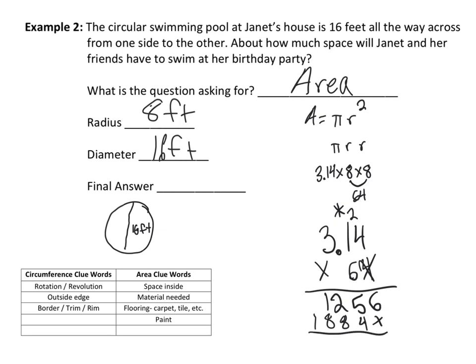We add up now. We get 6, 9, 10. Carry the 1. We get 10 again. Carry the 1. We get 2. Now there are 2 decimal places, so we move our decimal 2 places over. We get 200.96.